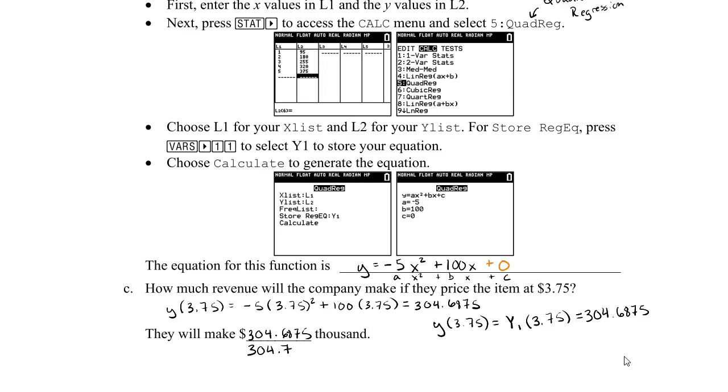So now we can, using the calculator, create a quadratic equation to describe a situation for which we have a data table. And we can easily use it to ask the kind of questions where we're given a value of x and asked to find a value of y.